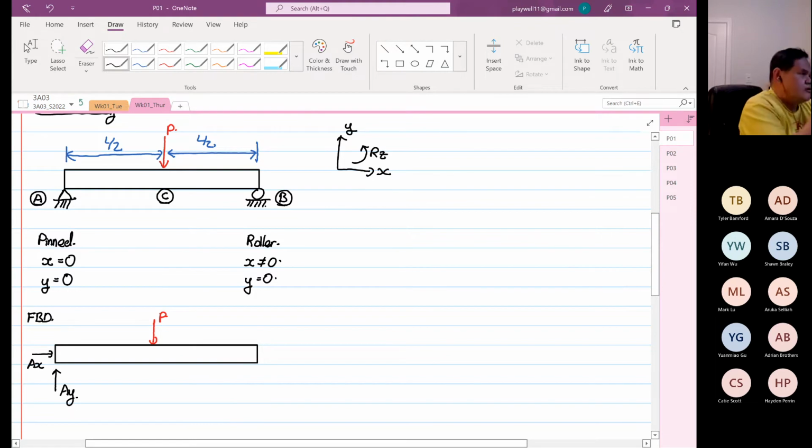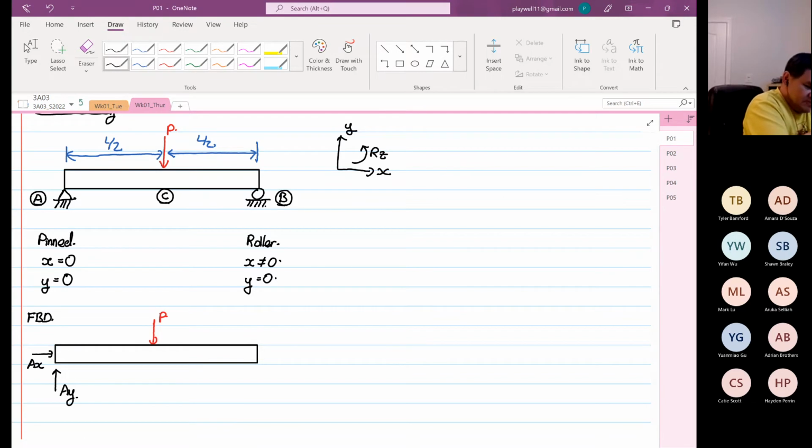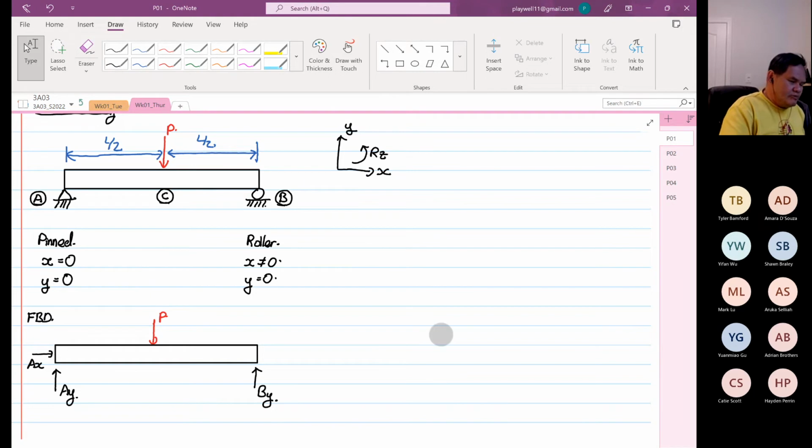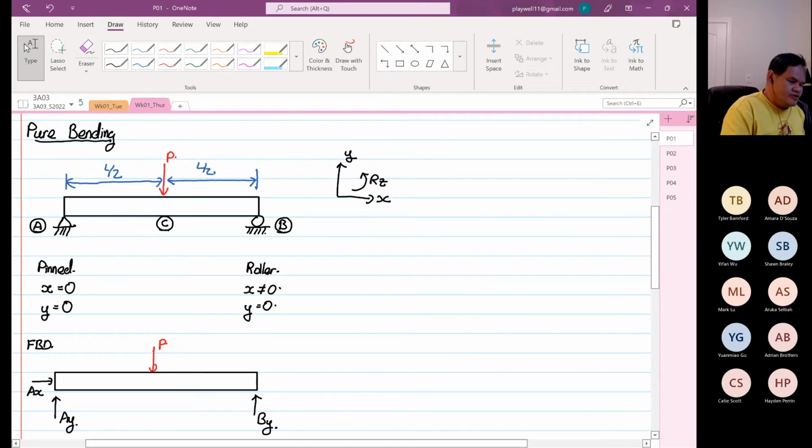So the structure will not move in either the Y or X direction at point A. However, at point B, because Y is equal to 0, we only have one reaction, BY. A structure like this, with a support at point A and a support at point B, we usually classify as a simply supported structure.